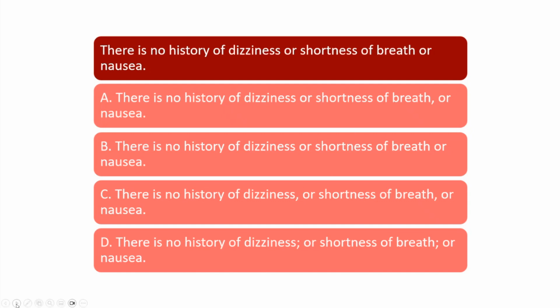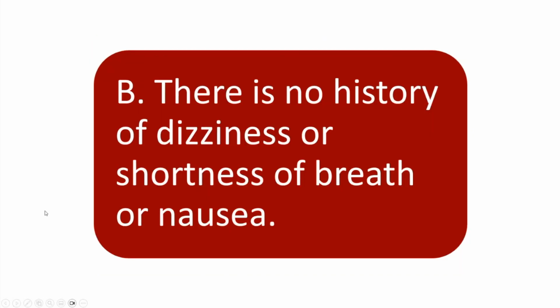So let's look at the correct answer. The correct answer is B, with no commas at all, because we have this little or dictated between each item in the list. If or wasn't dictated, then definitely we would use the commas. But because or is dictated, we do not need the commas in a series with or and. Same rules apply for and.